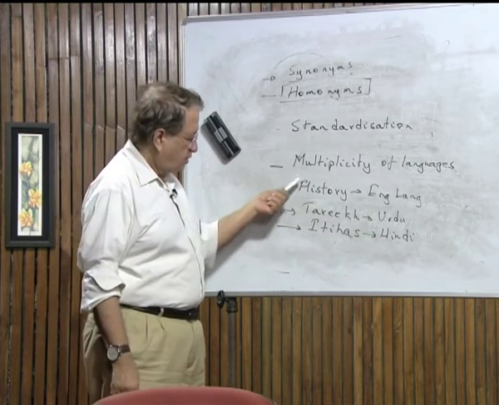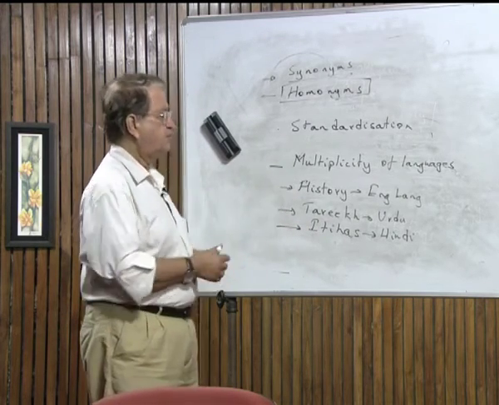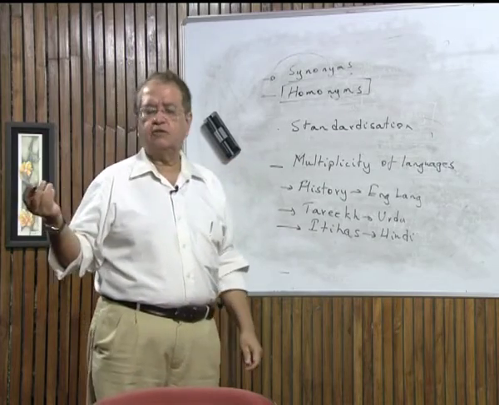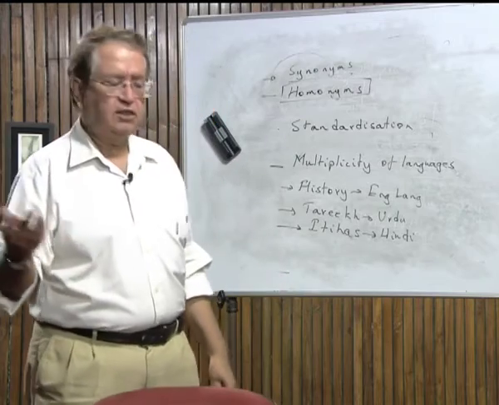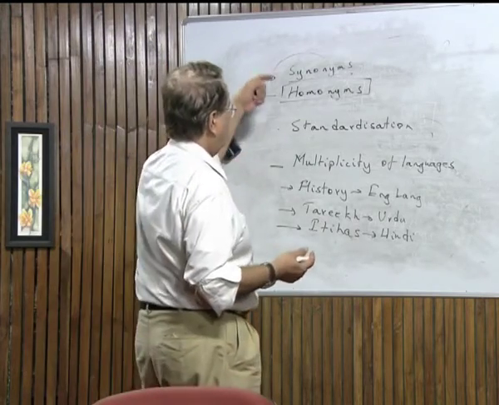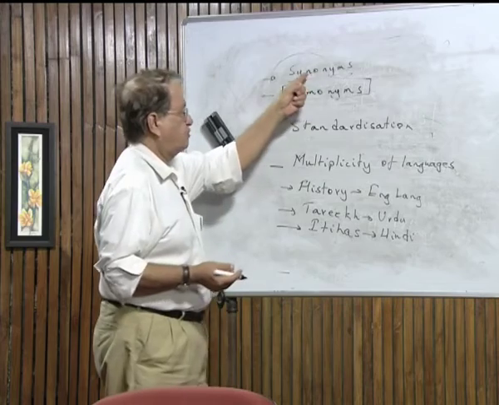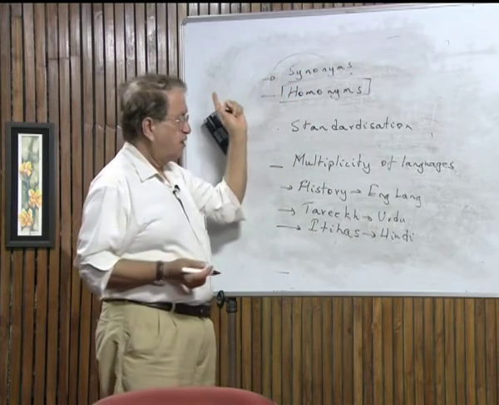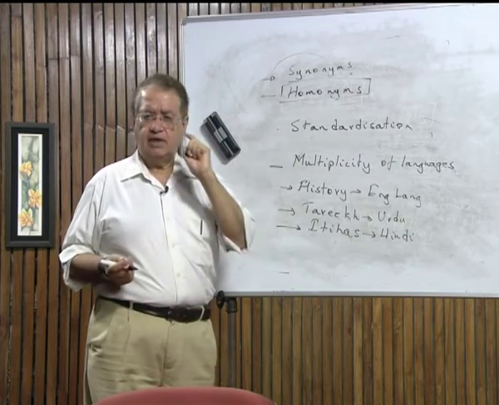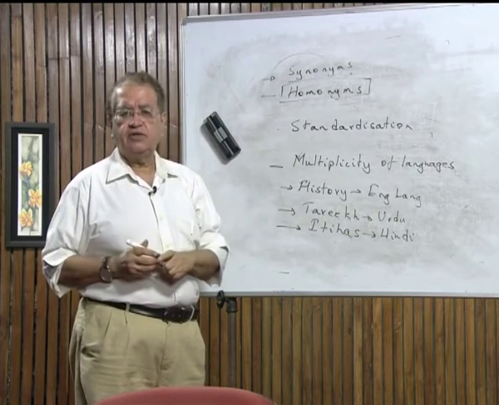So, multiplicity of languages, then change in the meanings of terms over a period of time and over space and distances, this plus the presence of synonyms, plus the presence of homonyms, plus the imprecise nature of terms as we use in everyday life.